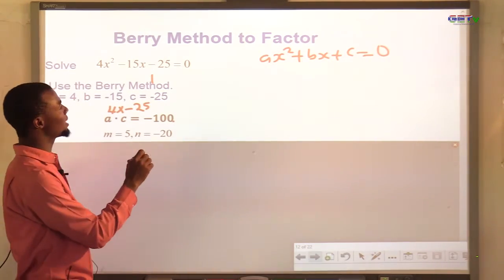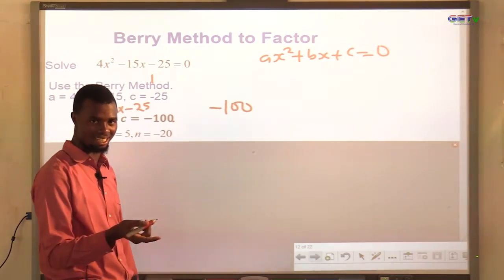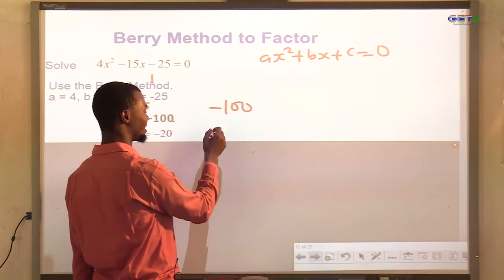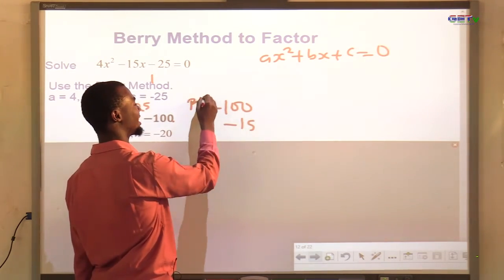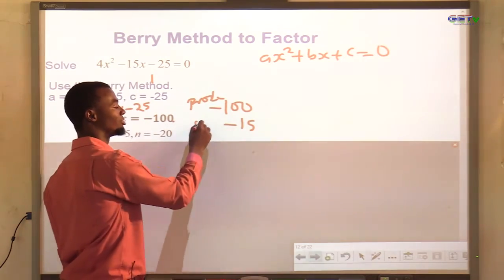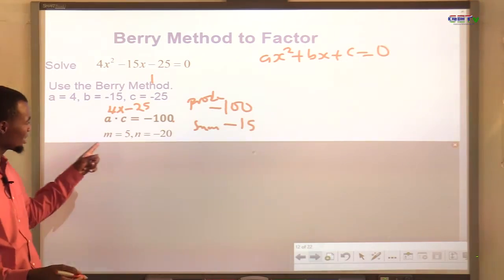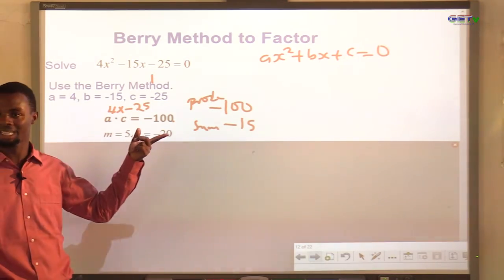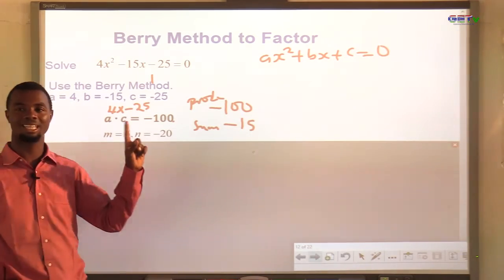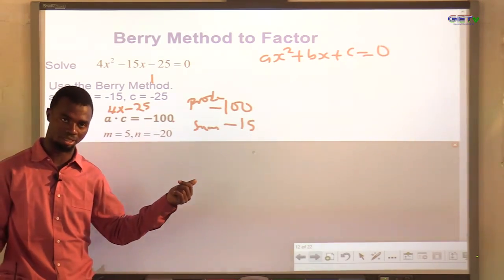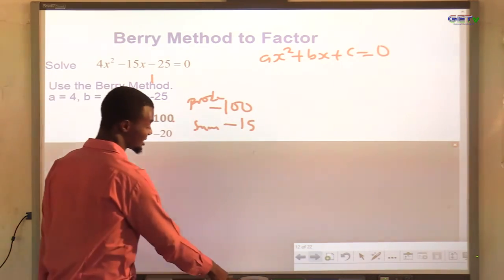If you multiply them, they give you negative 100, that is AC, and if you add them, you have negative 15. They are 5 and negative 20. 5 times negative 20 gives you negative 100, and 5 plus negative 20 gives you negative 15. So that is step 2.